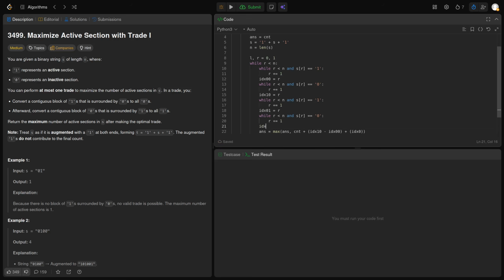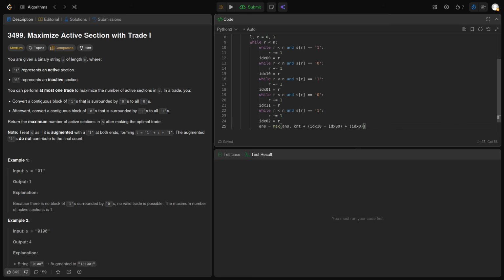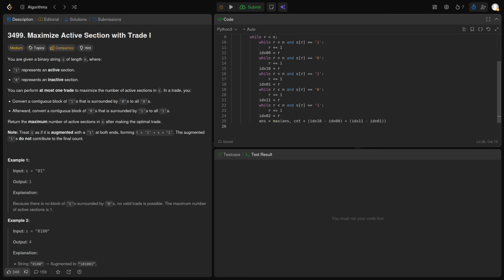So this is like 1 1, then we want to do index 1 0 0 0 and then index 1 1 minus index 0 1, and then we need to shift them.